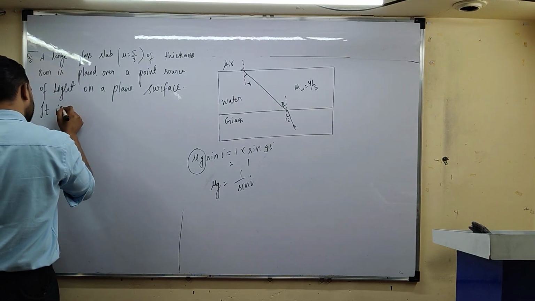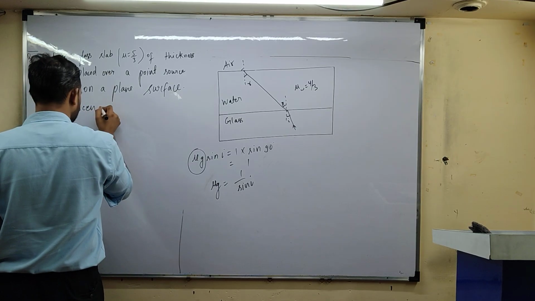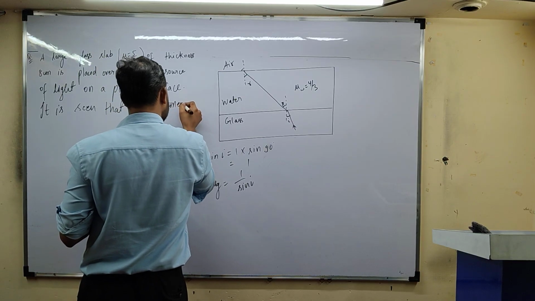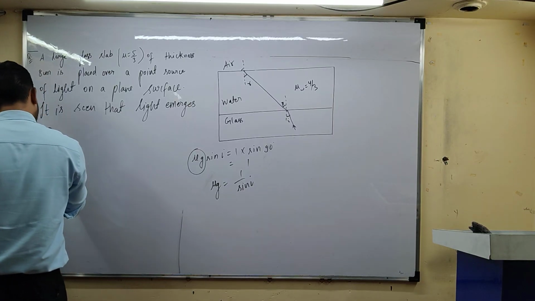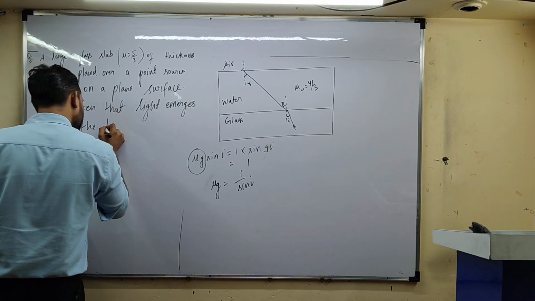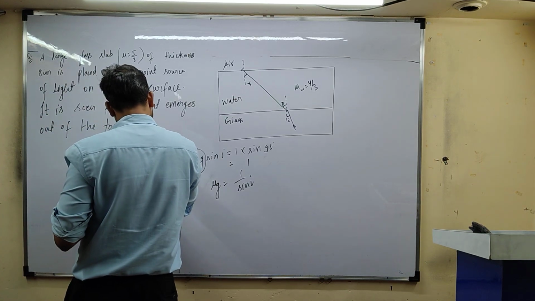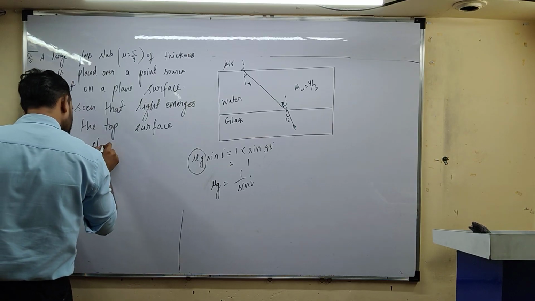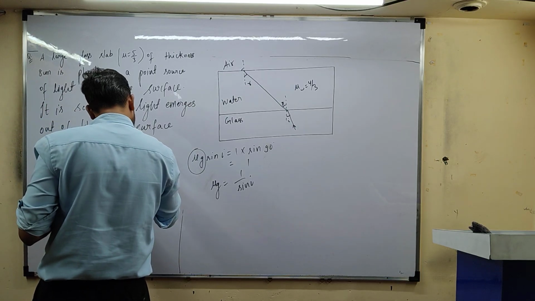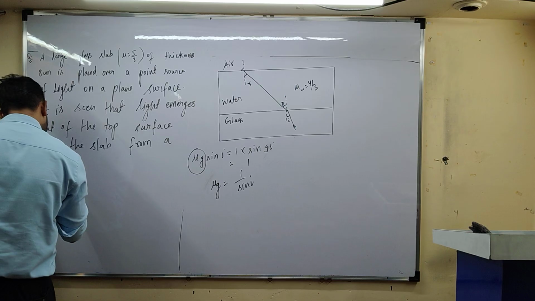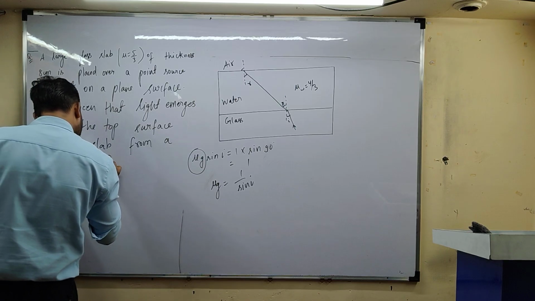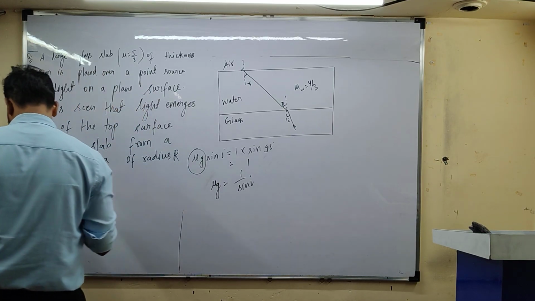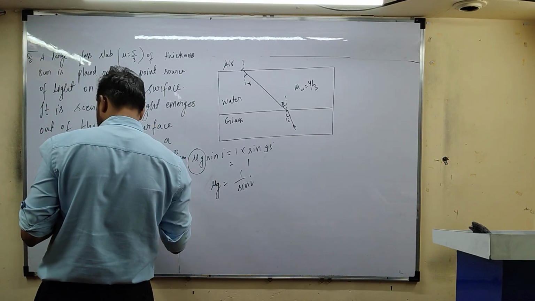It is seen that light emerges out of the top surface of the slab from a circular area of radius r centimeter.